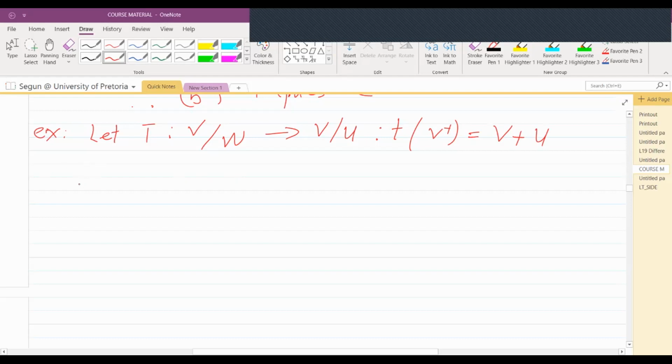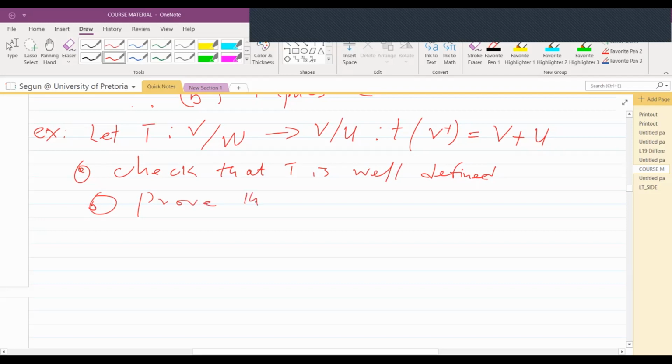The question now says: A, check that T is well defined. B, prove that T is a linear transformation.